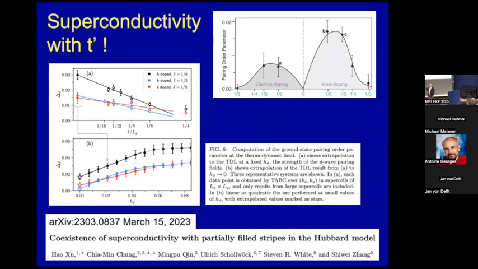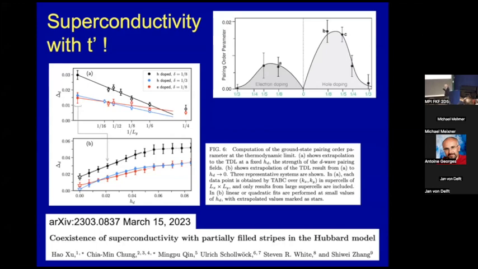For these values of T prime, which was up to 0.2, I think, this superconducting ground state did have also a small charge modulation. So these are coexisting charge modulation and superconductivity, and it remains an open question, which is under study these days, to see whether when you increase T prime, you can actually get to a pure D-wave without charge modulation.